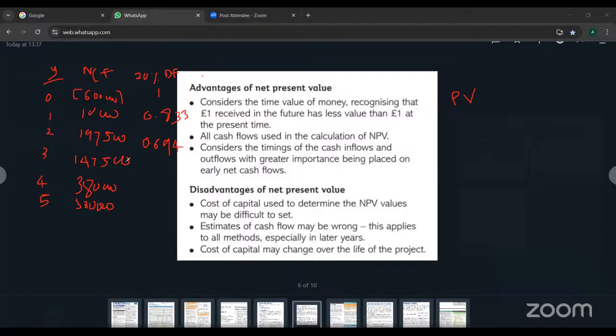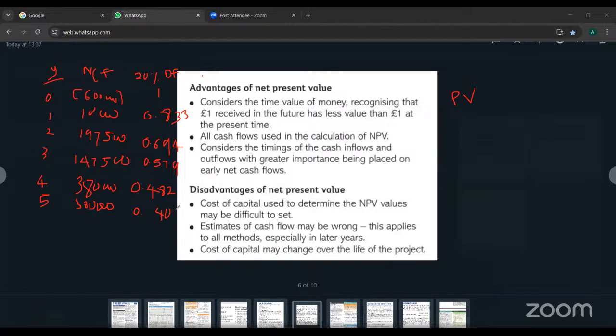Year 3, 0.579. Year 4, 0.482. And year 5, the discount factor is 0.402.